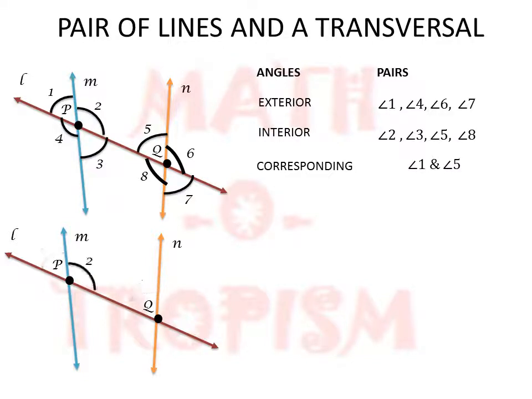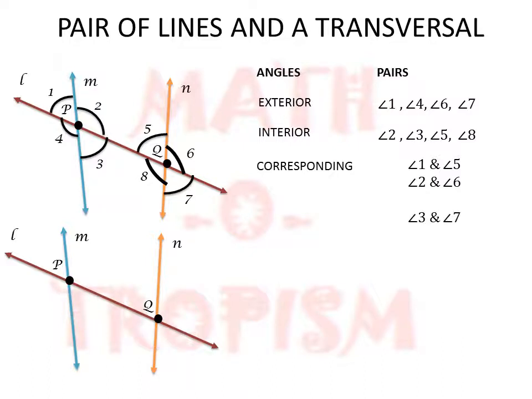Similarly, when we take 2, it is above the transversal and to the right of M. So which is the angle above the transversal and to the right of N? It is 6. So angle 2 and angle 6 are corresponding angles. Next we go to angle 3. When we see 3, which angle is below the transversal and to the right of the line N? 7.